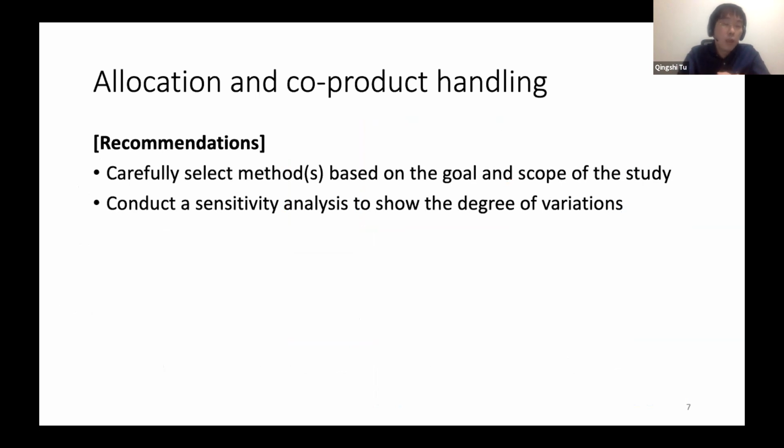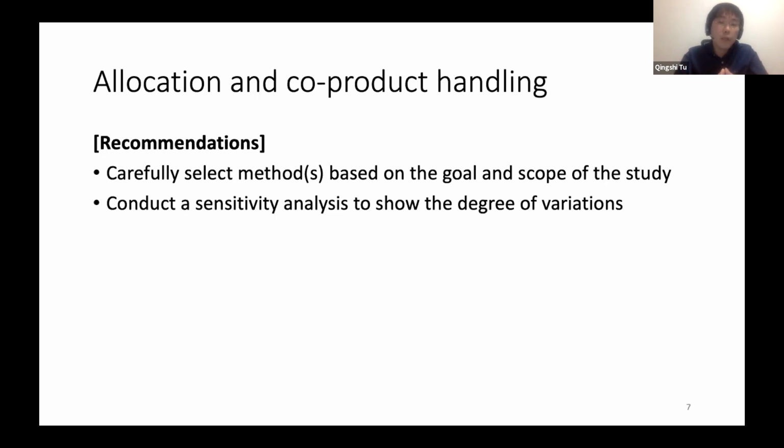So the recommendation, when you want to do an allocation, and in many cases you have to do an allocation for a multi-product LCA when you calculate the carbon intensity, is that we really carefully select methods. And sometimes it's not one method, based on the goal and scope of the study. For example, does your lignin actually serve as a precursor to a chemical, or is it like a fuel to reduce your reliance on the external fuel supply to your mill, right?